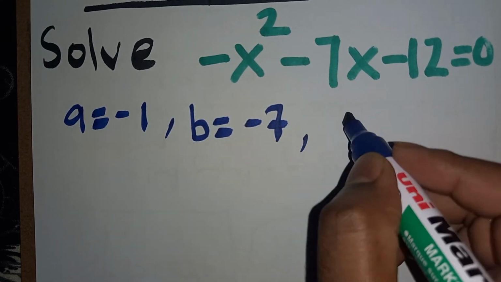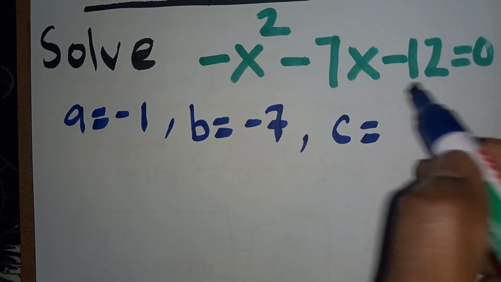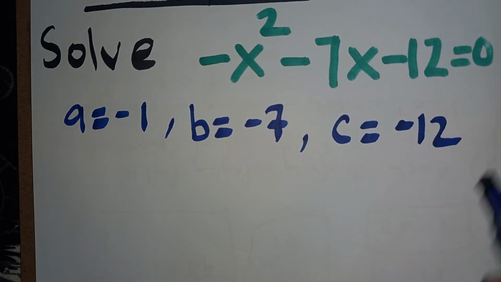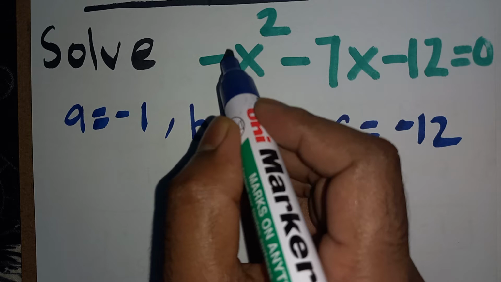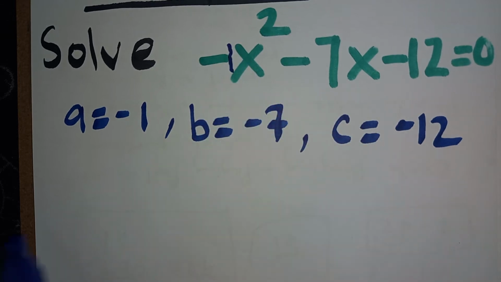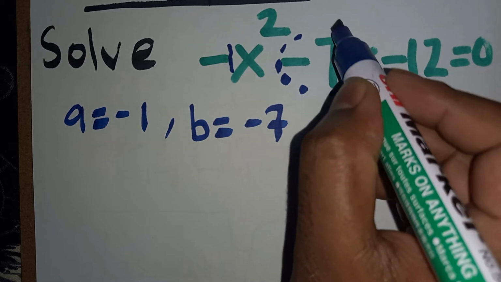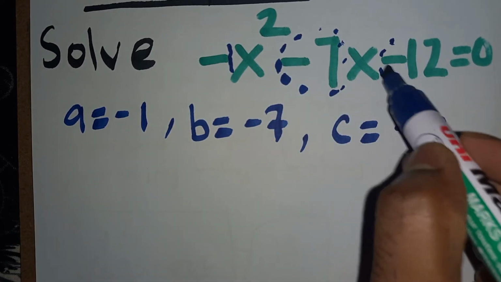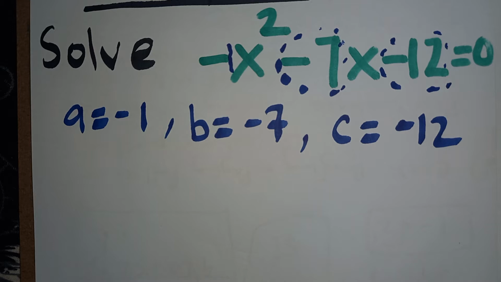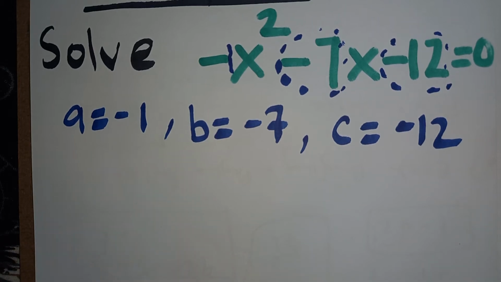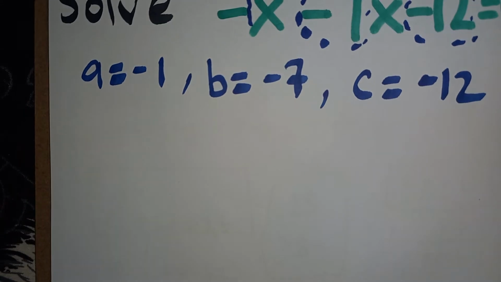And then our c, of course, will be negative 12, right? So negative 1 came from here. There is an invisible 1, and negative 7 is this part, that is our value of b, and negative 12 is our value of c, right? So we put it down like this, and then we are going to write our quadratic formula.